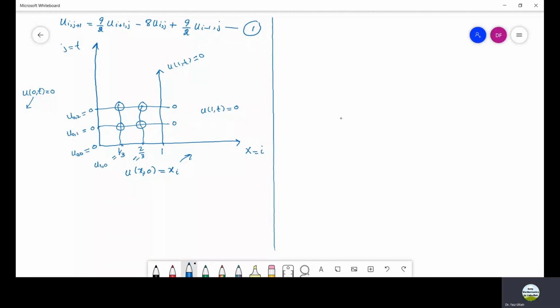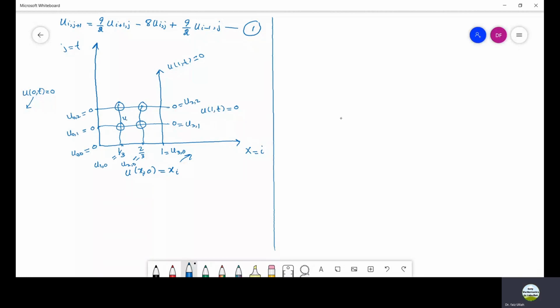And this one is the value where i is 2 and j is 0. And this one is the value where i is 3 and j is 0. And this one is the value where i is 3 and j is 1. This one is the value where i is 3 and j is 2. So now let us find these values.